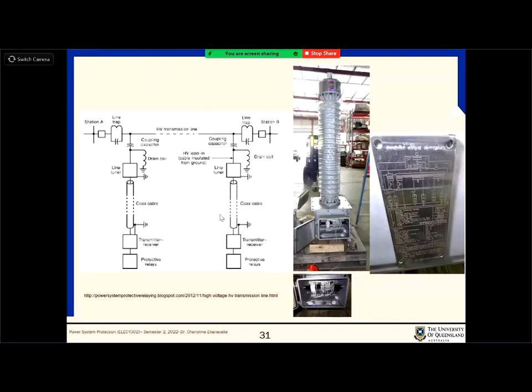So there are some other advantages of this as well. If you can see here, these are the typical CVTs, right?